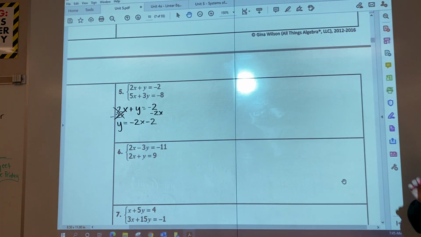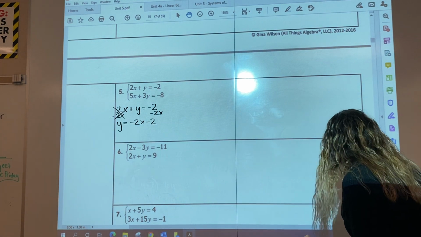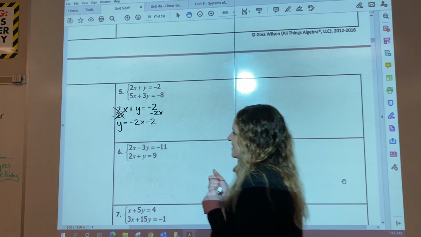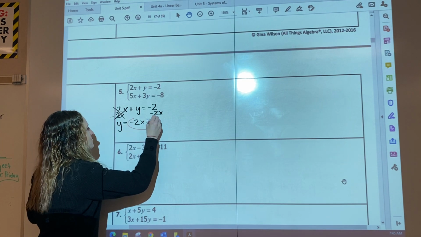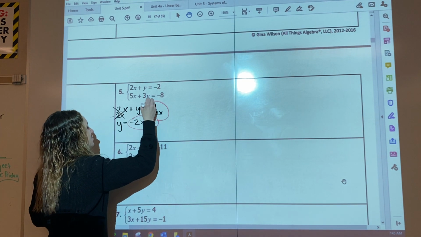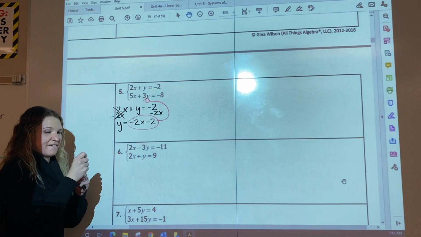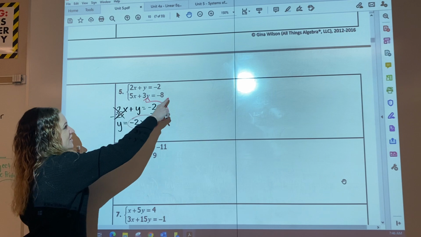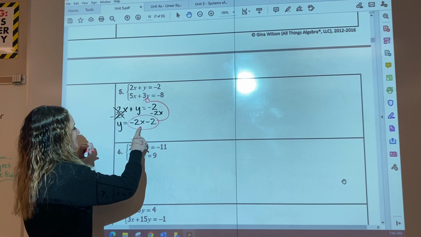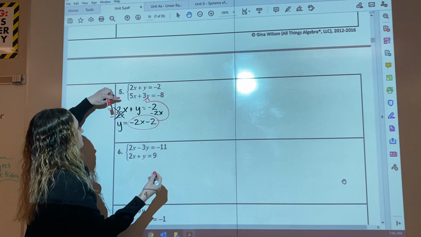Next, I'm going to look at my other equation. I'm just going to grab a different color here. Now that I've solved for that y, I'm going to take what the y equals, and I'm going to substitute it into the other equation for y. So let me rewrite the second equation, but when I get to that y, I'm going to substitute in this expression.